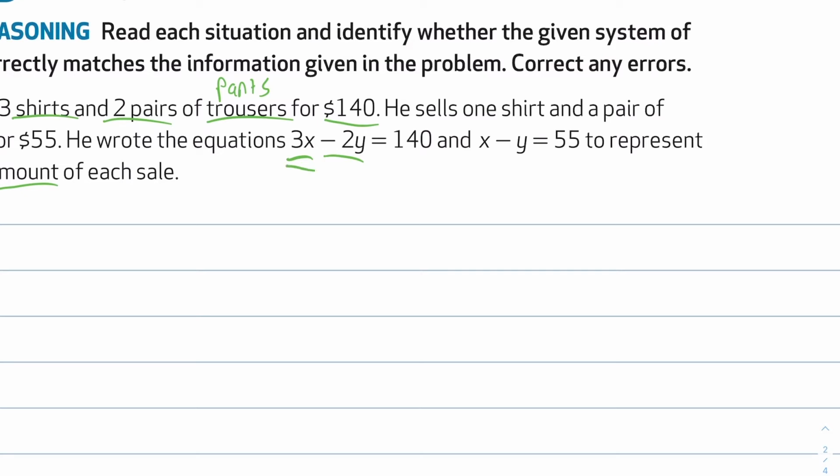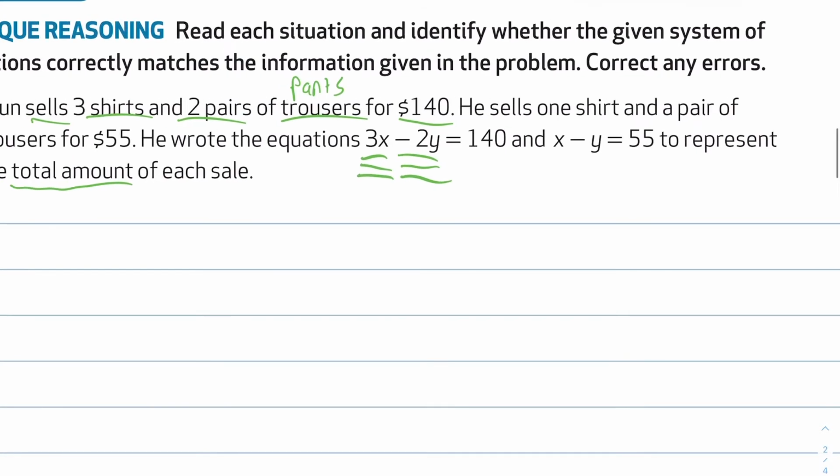If he was selling both of these, would one of those numbers be positive but the other one be negative? Does that make sense? If he's selling this one and he's selling this one, shouldn't they have the same sign?